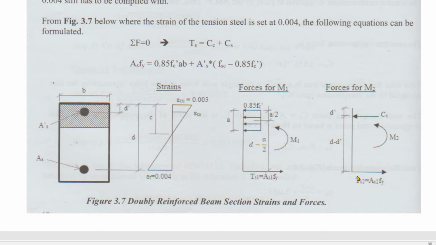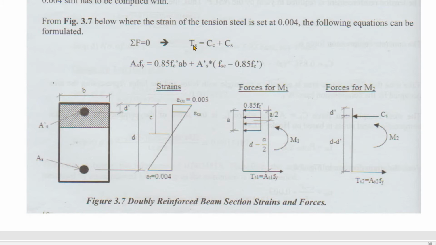Meron tayong tension steel, remember, AS. Tapos, meron tayong compressive force due to the concrete block, which is C sub C. And then, meron tayong CS or the compression force contributed by the A prime S. So, lahat ng nasa ibaba, which is TS, is equal to lahat ng nasa taas, which is C sub C tsaka CS.